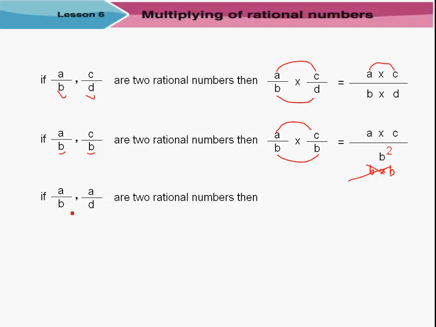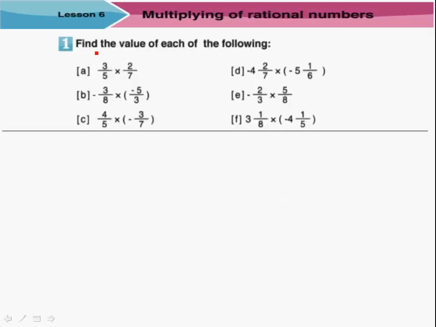The same if we have A over B and A over D. The multiplication will be A times A, which can be written as A squared, over the denominator B times D.